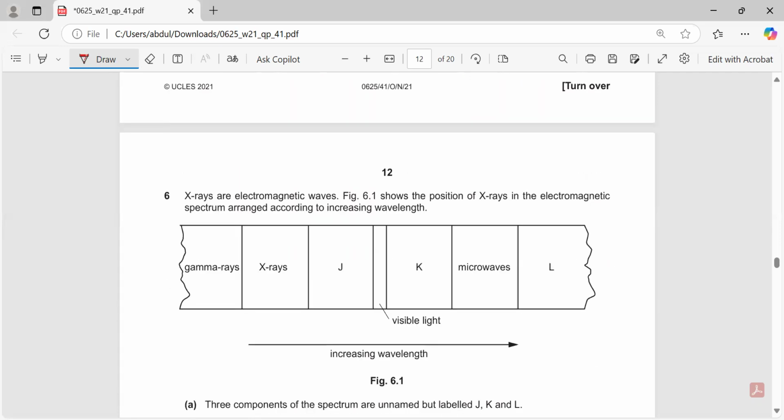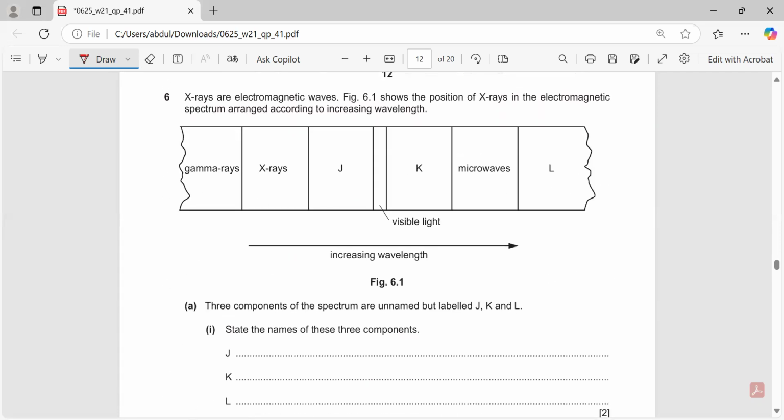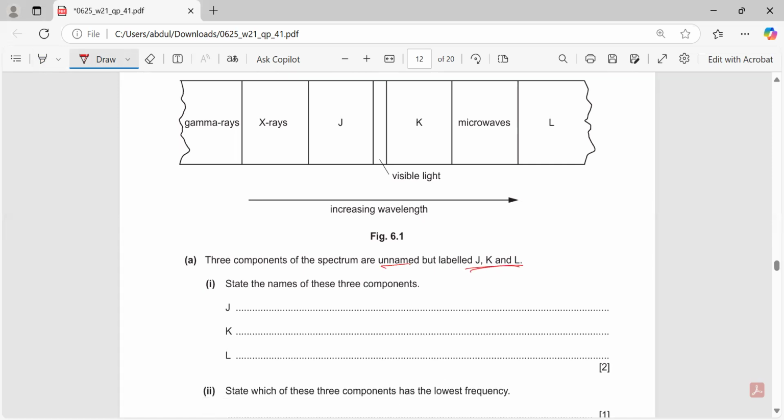Let's move forward. X-rays are electromagnetic waves. Figure 6.1 shows the position of X-rays in the electromagnetic spectrum, arranged according to increasing wavelength. Three components of the spectrum are unnamed but labeled J, K, and L. State the names of these three components.